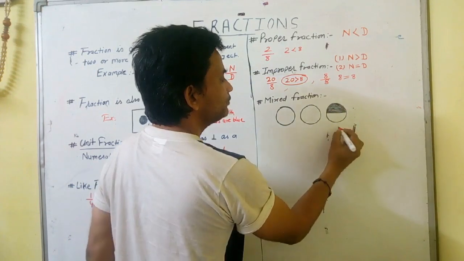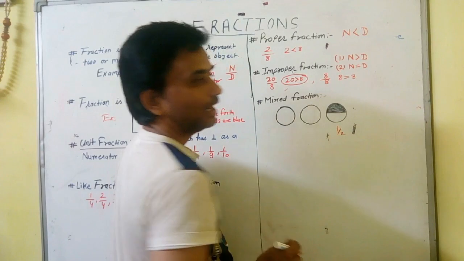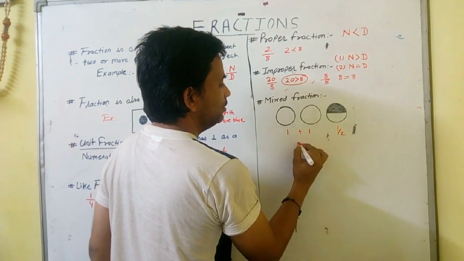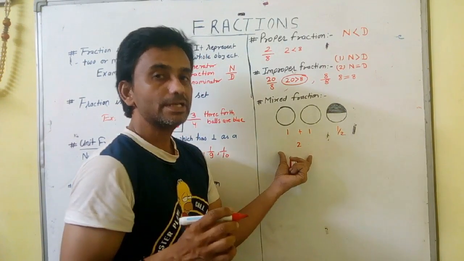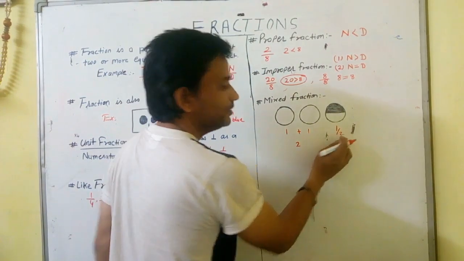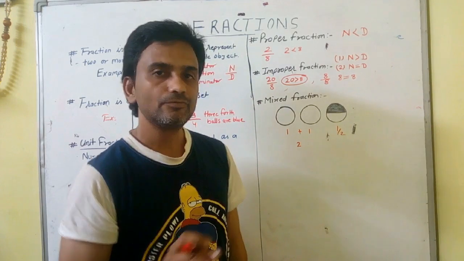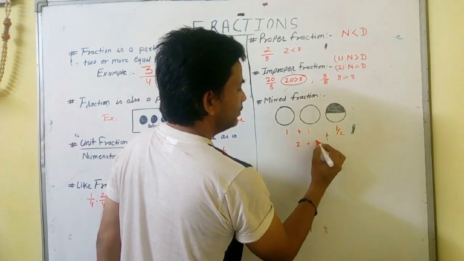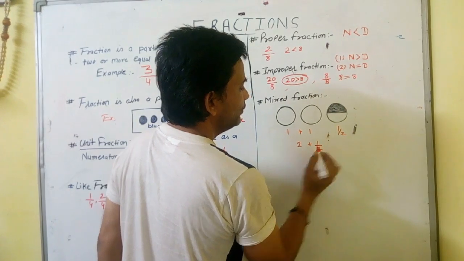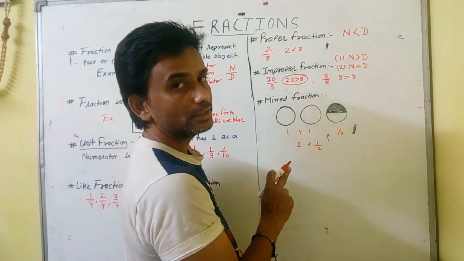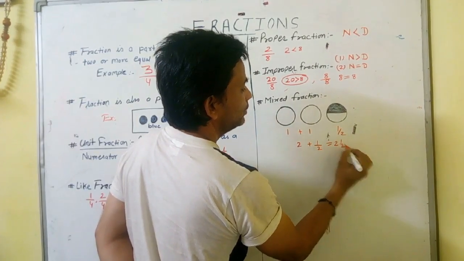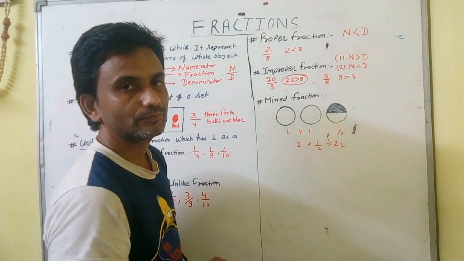That's why we take a half. The other 2 are full. Then this is 1 plus 1, it's called 2. 2 is the natural number and half is the proper fraction. That's why the sum of a proper fraction and a natural number is called a mixed fraction.